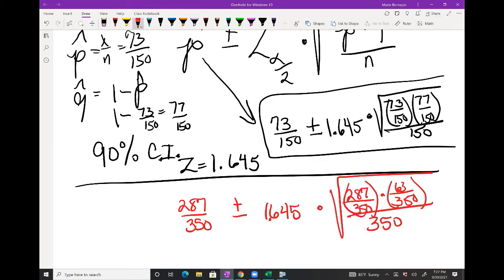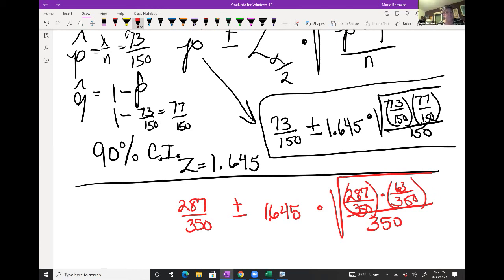I got 0.78622, so rounded it's 0.79 and 0.85. Yeah, 0.79 and 0.85 is correct.